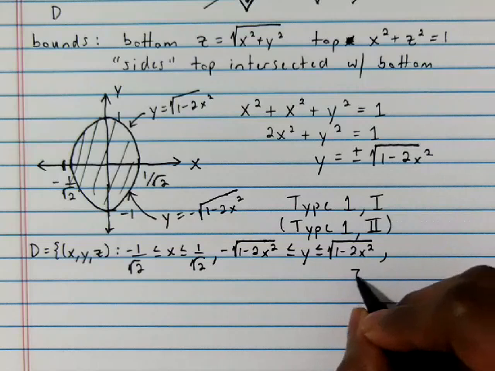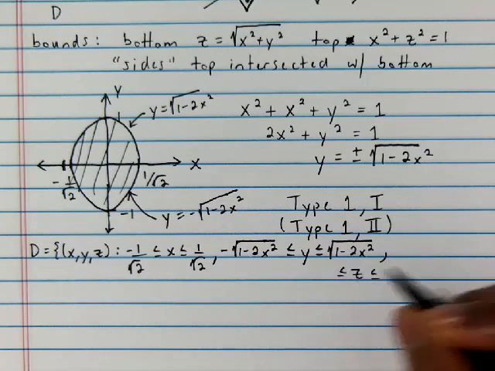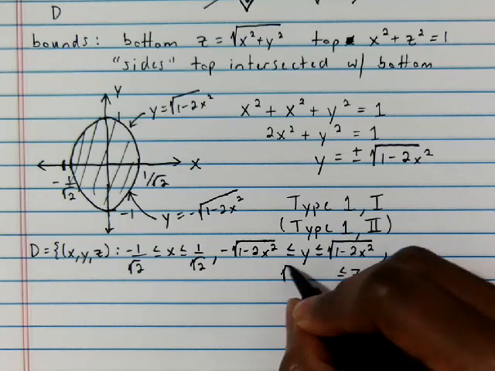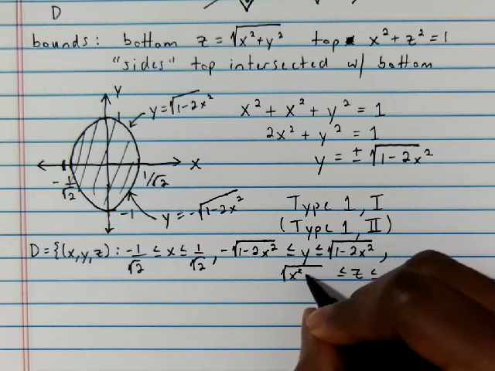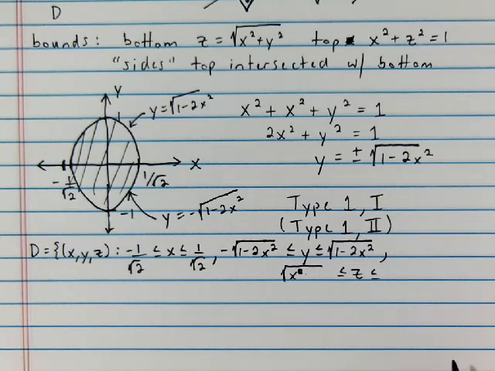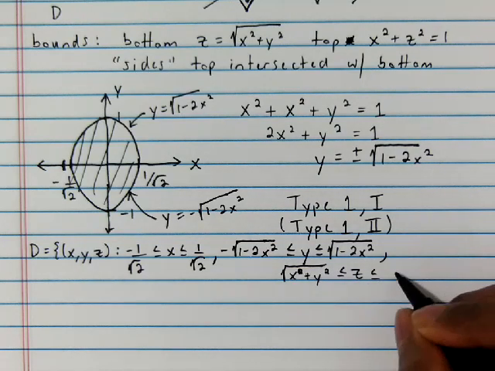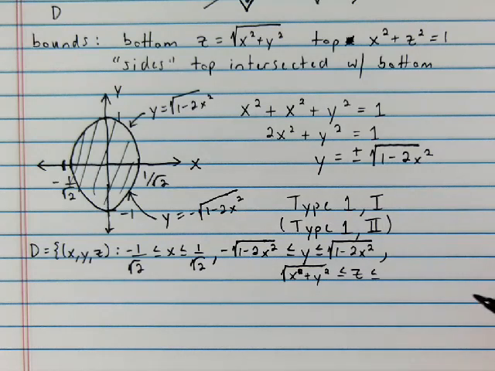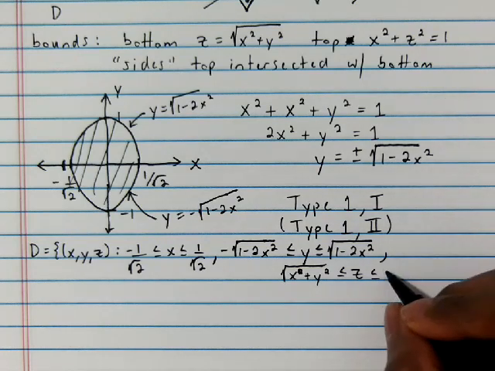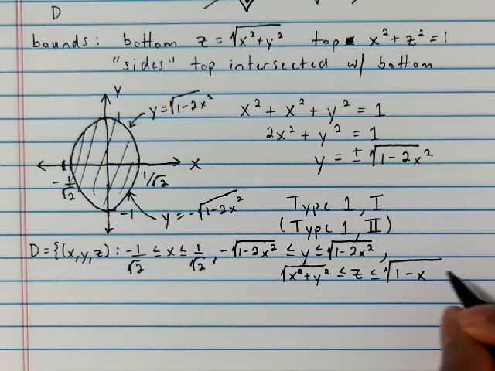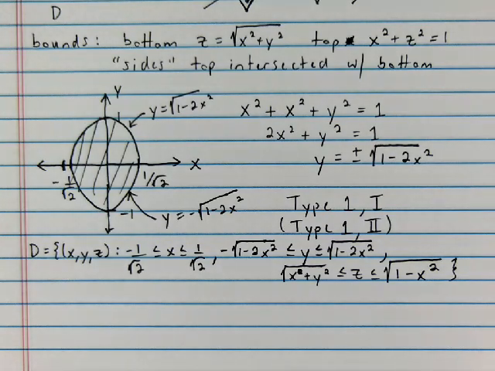So z varies between the square root of x squared plus y squared and the square root of 1 minus x squared. And then we close our little set brackets. All right, so that's our region D.